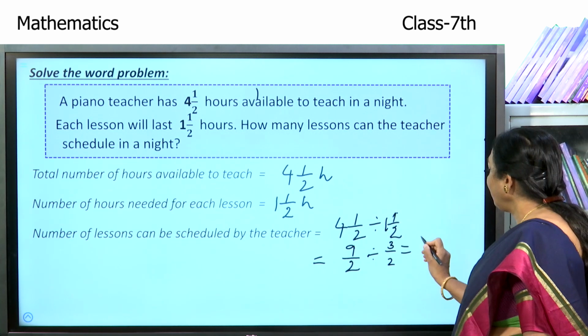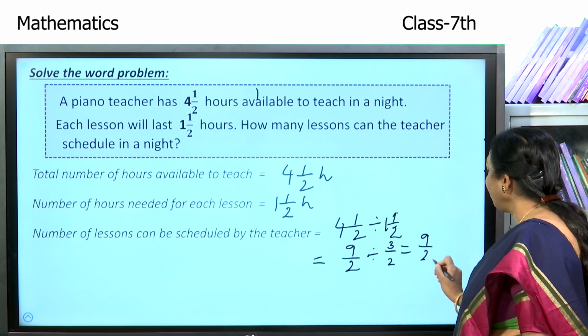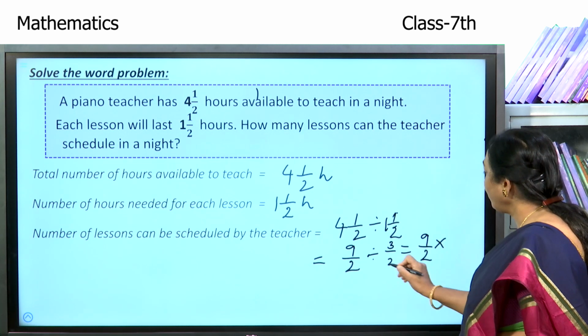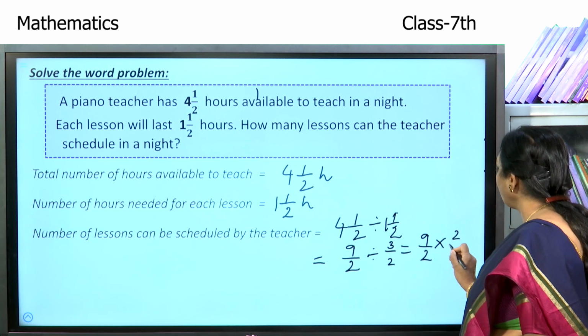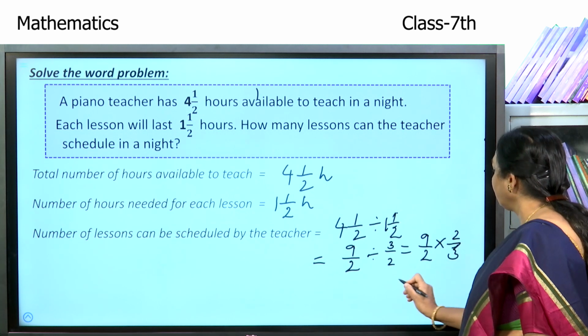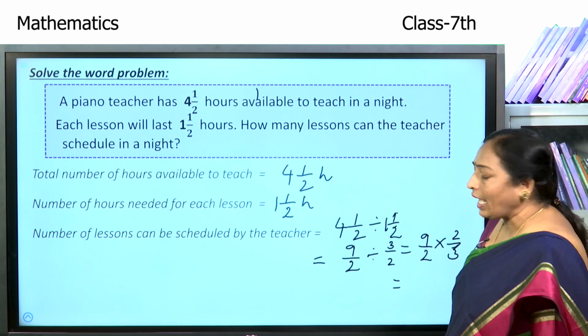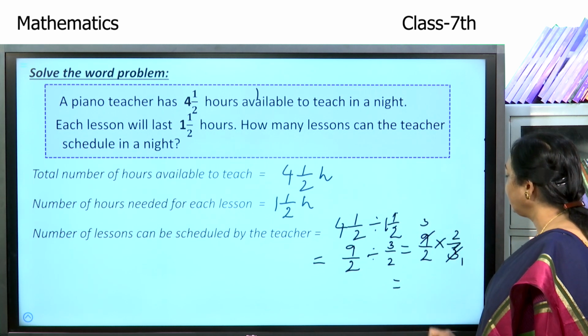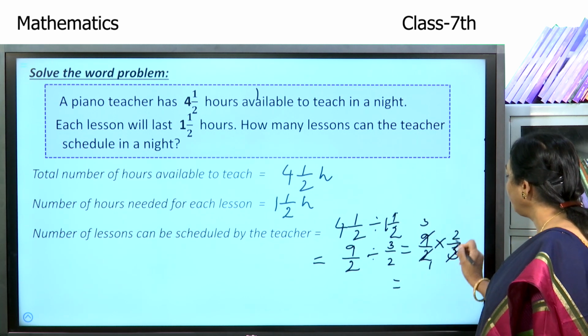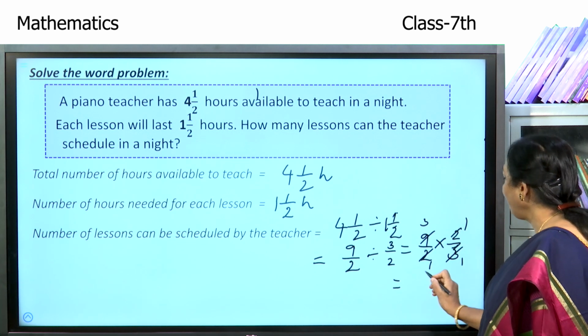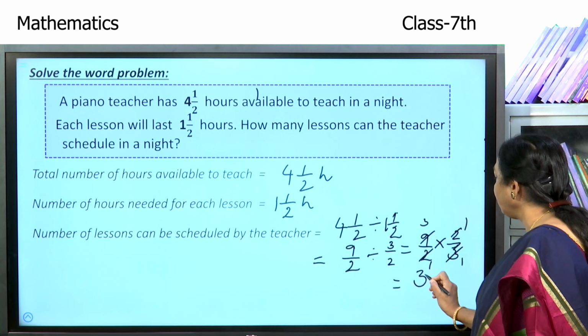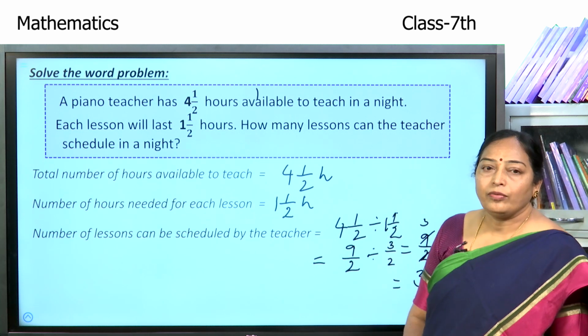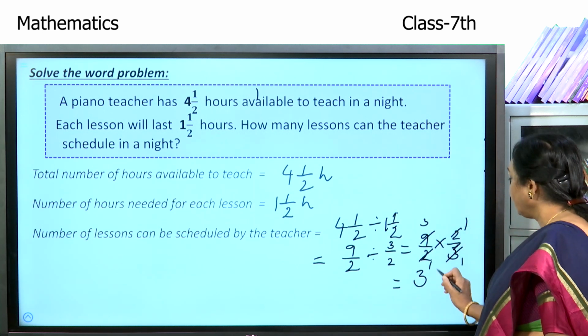And 9 by 2 is multiplied by the reciprocal of 3 by 2, that is 2 by 3. By calculating this, 3 1s are 3, 3 3s are 9, 2 1s are 2, 2 1s are 2. By multiplying, we will get 3. Totally, teacher will teach 3 lessons.